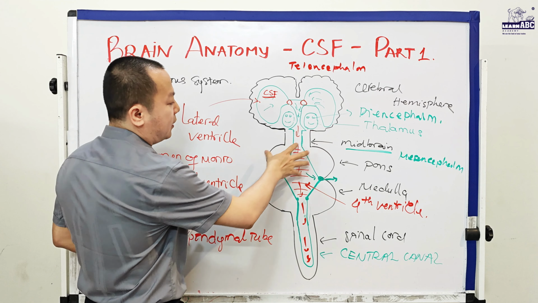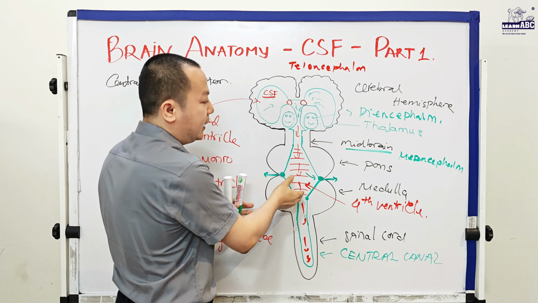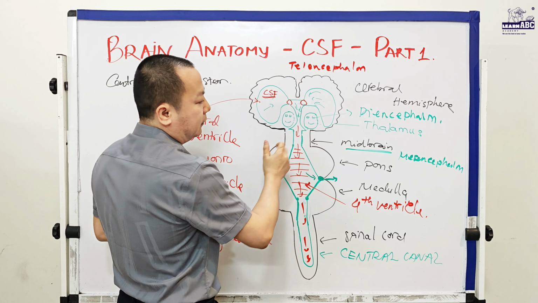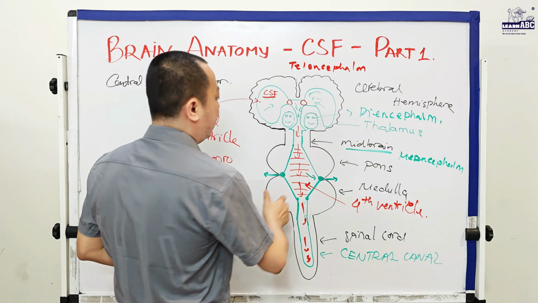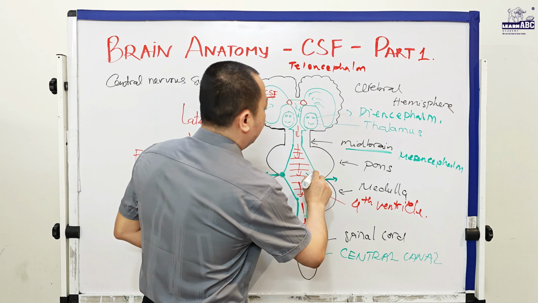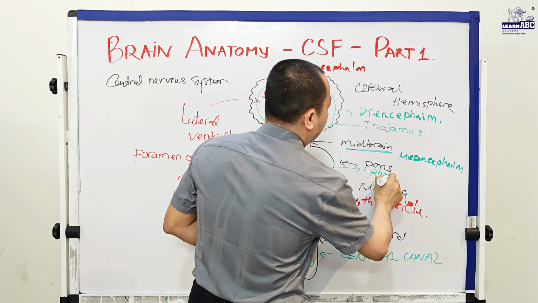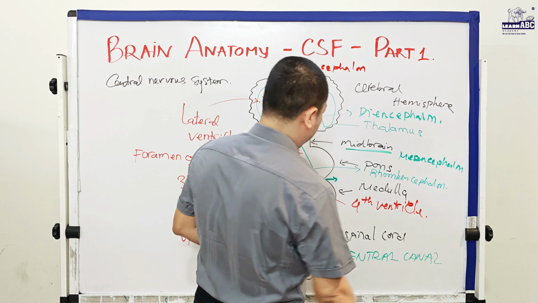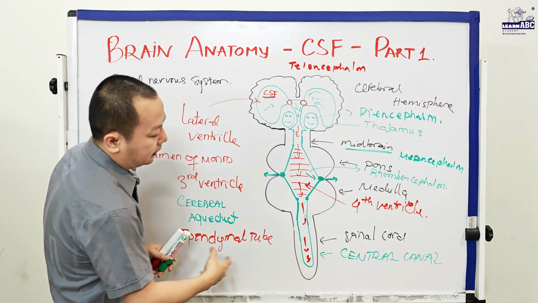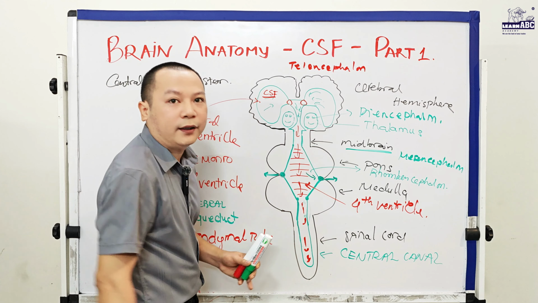Now here at the pons and medulla, we have the fourth ventricle, and this is the cavity of the rhombencephalon. And this central canal is the cavity of the spinal cord here.